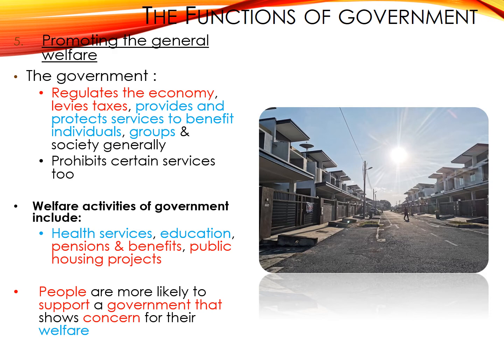And if we are accused of breaking the law, we can be heard in a government-established court. All these serve the purpose of promoting the general welfare. Welfare activities of government also include health services, education, pensions and benefits, and public housing projects. People are more likely to support a government that shows consideration for their welfare.